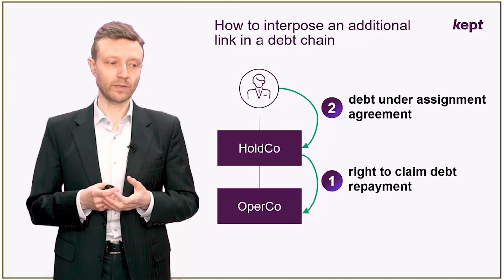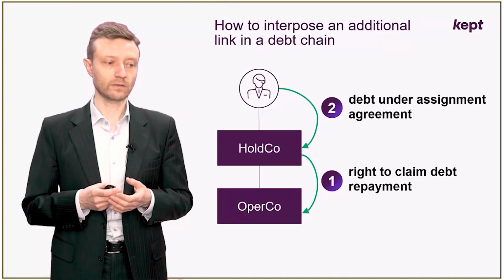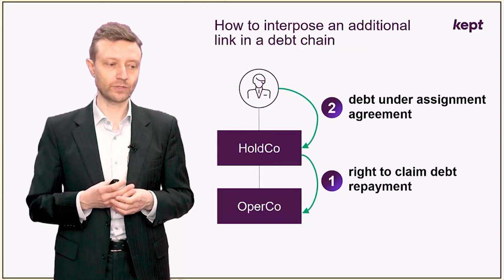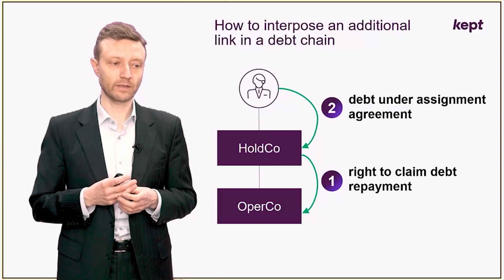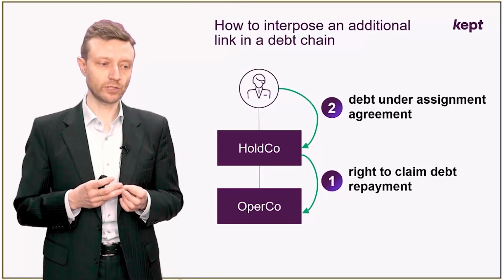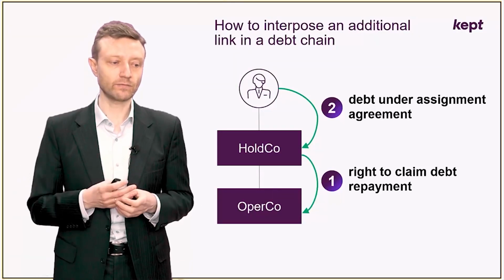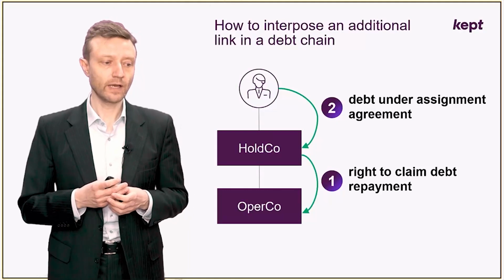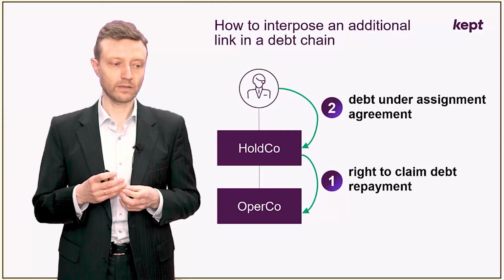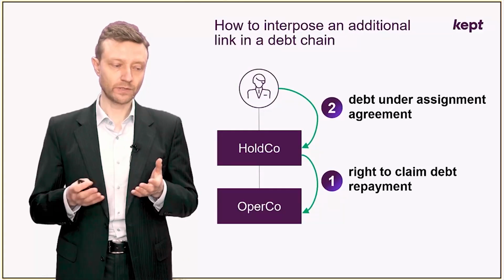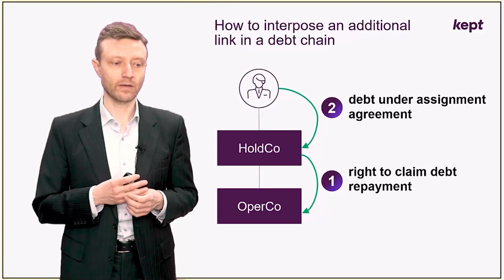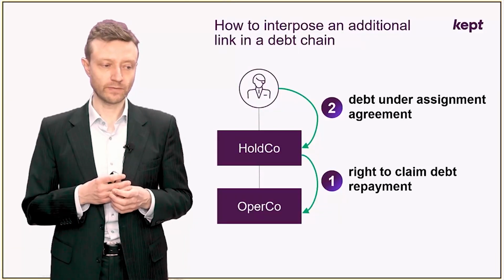In which case, the financing structure will change, as is shown on the slides, and there will be a debt between the holding company and the shareholder for the sale or for the assignment of the loan, and there will be now a loan between the holding company and the operating company, because the right to claim the initial loan was transferred to the holding company.